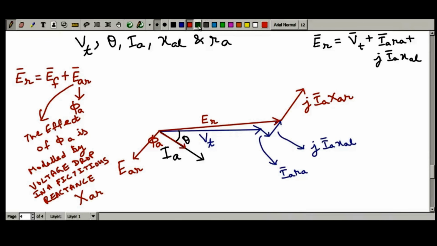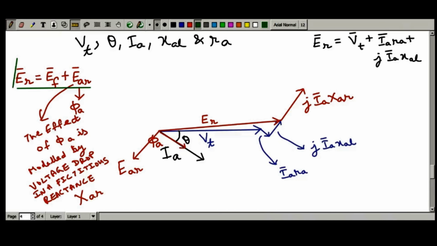Now if you just add this Er with this, you should get Ef. So we will get back our Ef, that is the no load EMF. So this will be your Ef. Let me just play with this particular equation. Okay, this is important.